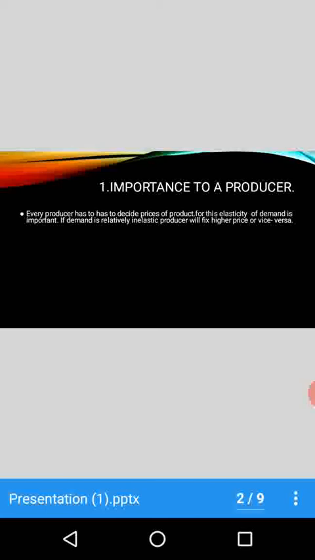And vice versa. This concept of elasticity of demand is also useful to the monopolist. Then what is meant by monopoly?